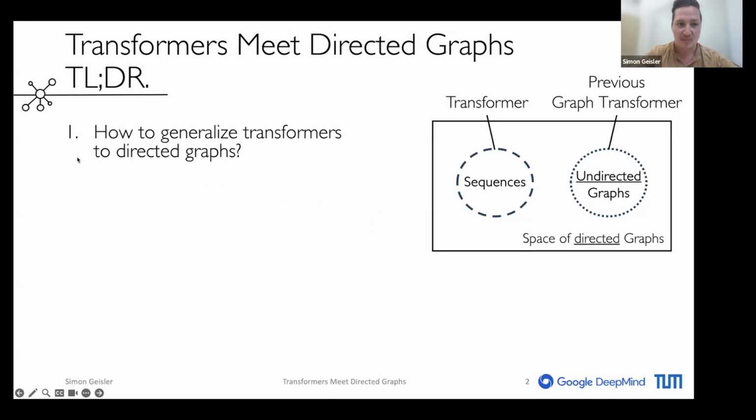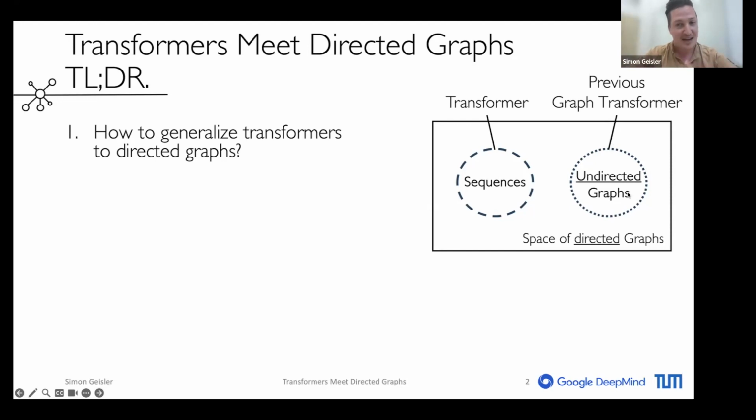Okay. So again, to the question: how to generalize transformers to directed graphs? I guess transformers, most of you should be familiar with. Those are working on sequences, and sequences we can think of as directed graphs, just like in a linear connection. There have also been graph transformers proposed previously that most of the time work with undirected graphs.